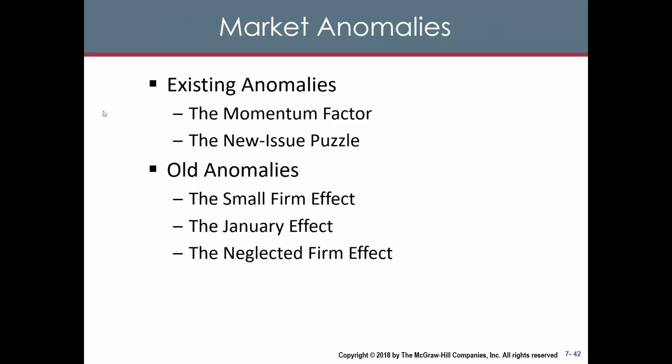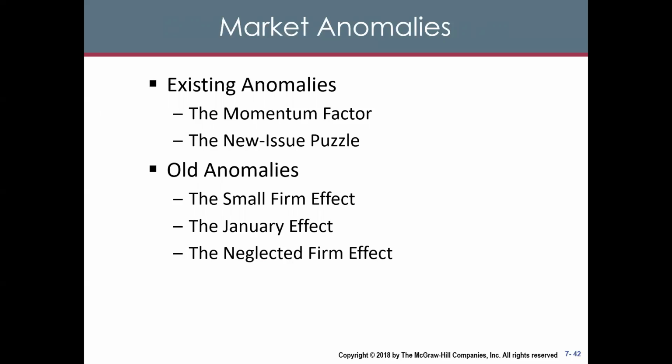There is another anomaly called the new issue puzzle, which was found by researchers. It says that if a company newly issues stocks, it is going to suffer a stock price decrease in the next few years. There are a few explanations for it.